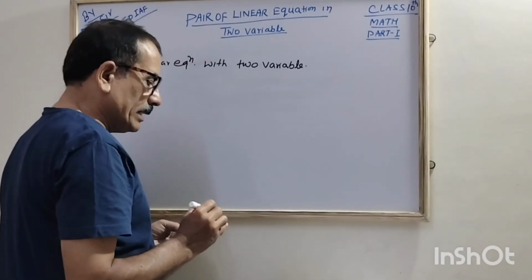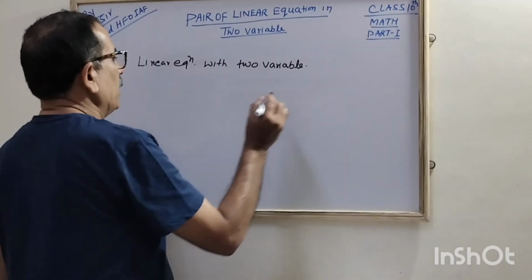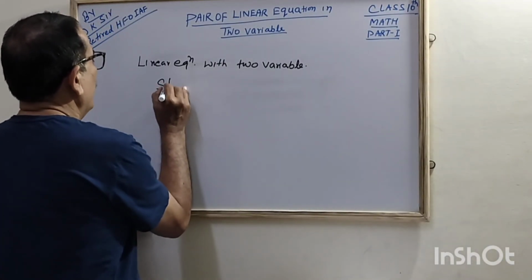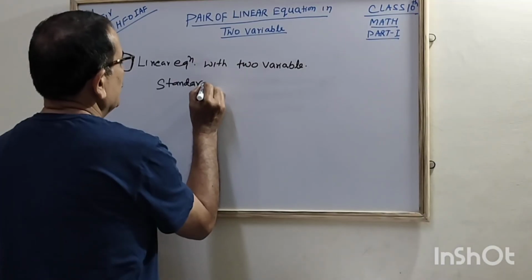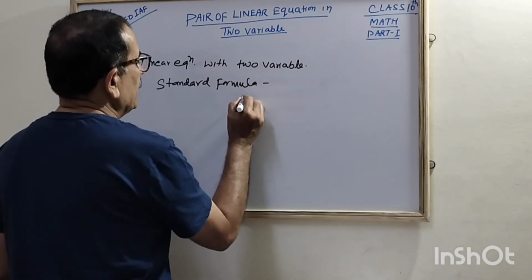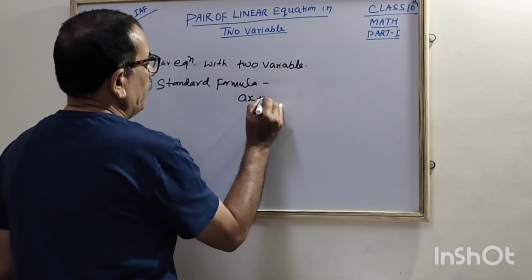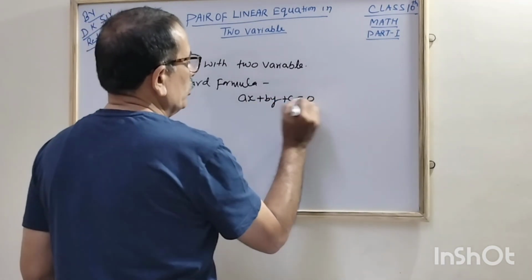This is the equation of two variables, where we are using x and y. What is the standard form? The standard form is ax + by + c = 0.